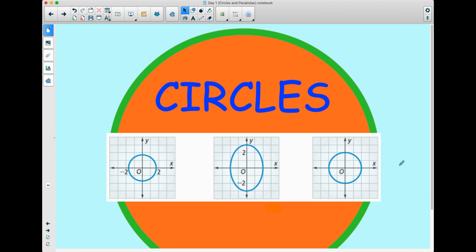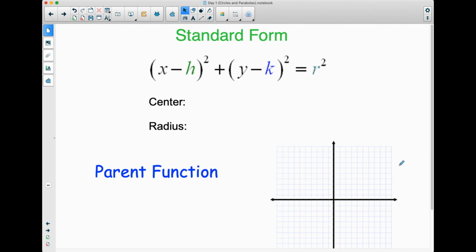All right, circles. This is the one on the top. So we have our standard form. Your center is your (h, k), and your radius, of course, is r. I would not put this parent function on your graph, as weird as that sounds, because I think it's going to look silly on there.